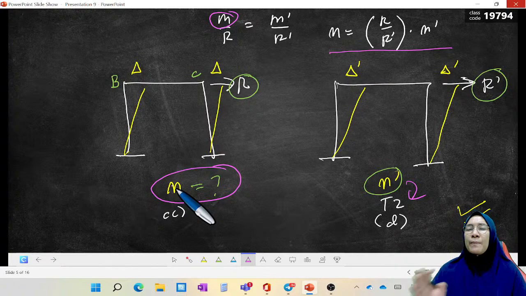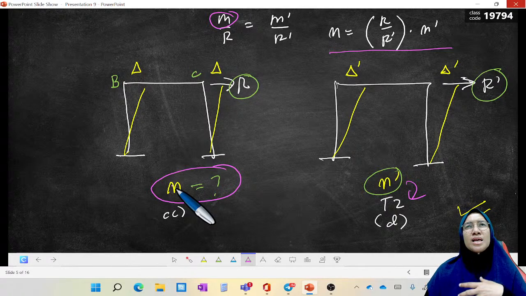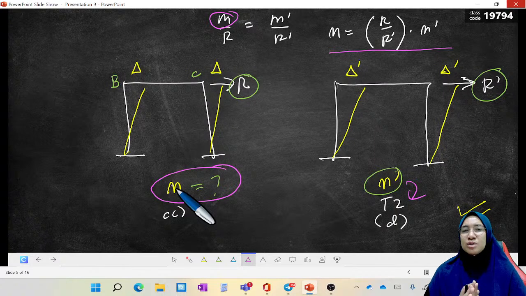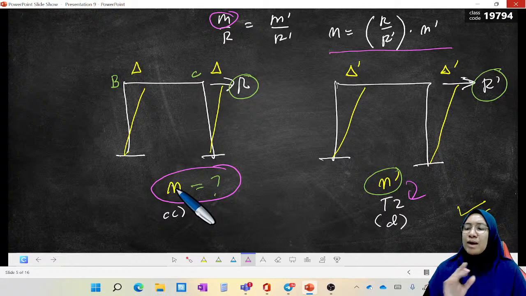So by comparing these two, it is just like we do interpolation. Okay, let's look at it together. What we want is actually M. M is what we want.